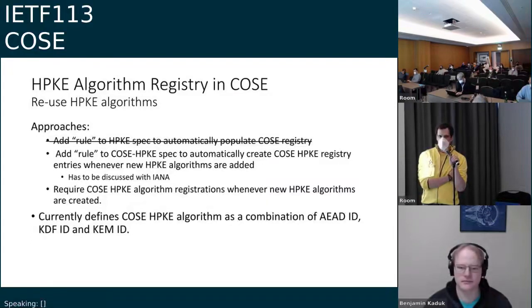Yeah, we'll definitely use the IETF meeting here. In some sense, it's a pretty simple task. The HPKE registry consists of three separate registries: AEAD ID, KDF ID, and KEM ID, as I wrote on the slide. And in Cose, it's just mapped to one number that combines the three. Well, you could call it simple or not, I don't know.